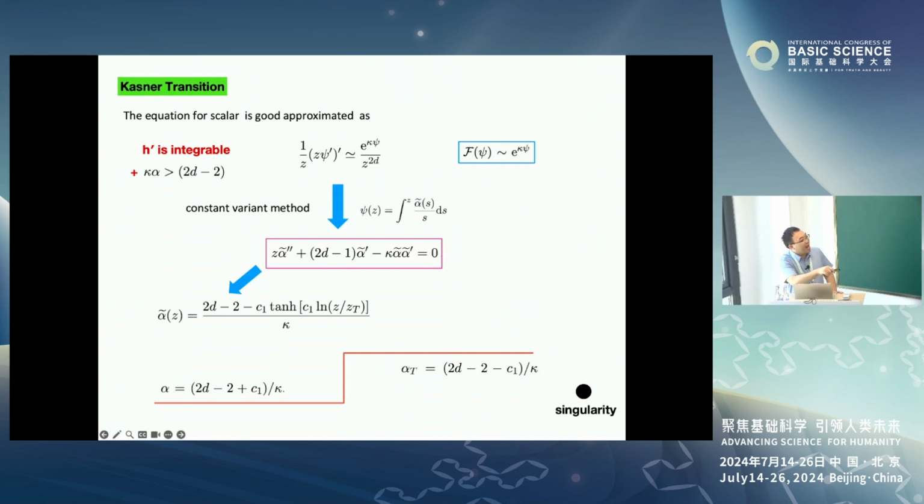And this can be solved analytically, using the constant variation method, if you are very smart. So we consider this kind of ansatz, and you can find this equation can be written as this one. This alpha tilde is a derivative with respect to the radial coordinate. And for this one, you can find this analytical solution.